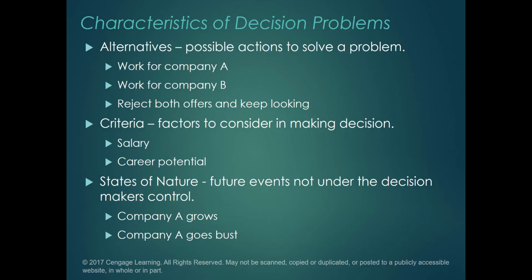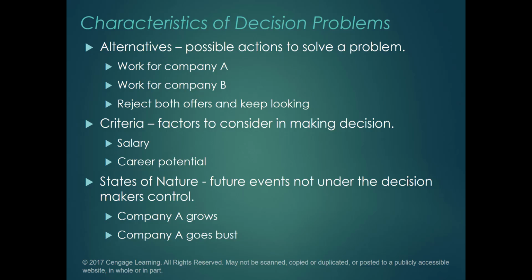Criteria are the factors by which we evaluate decisions. For example, the criteria in the previous example were the salary and the career potential, that is, how we can progress in the company.